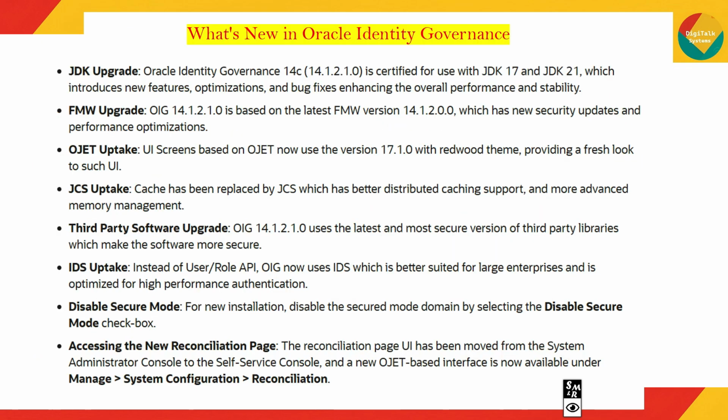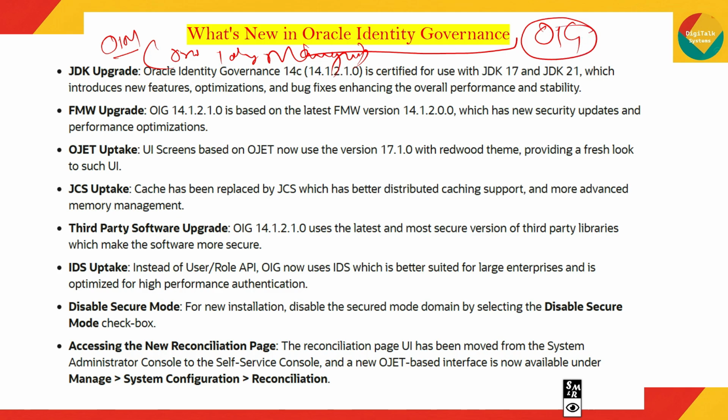Now the last one is Oracle Identity Governance, OIG, which people mostly still refer to as OIM, Oracle Identity Manager. In some of the previous versions it was referred to as Oracle Identity Manager. Now it is referred to as OIG, Oracle Identity Governance. Now what are the changes?